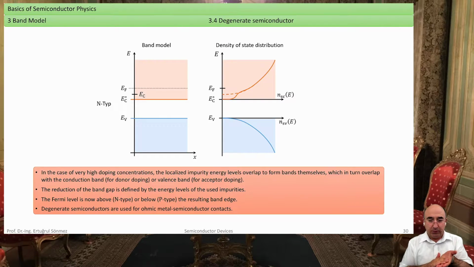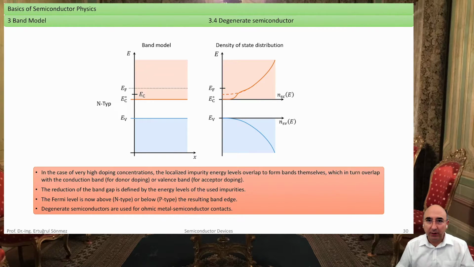But you want to connect, for instance, the leg of a device to the semiconductor so that you can put the current through the semiconductor. Therefore, you need a so-called ohmic contact. Ohmic means, like an ohmic resistor, the current should be able to flow in both directions, through the metal to the semiconductor and back.